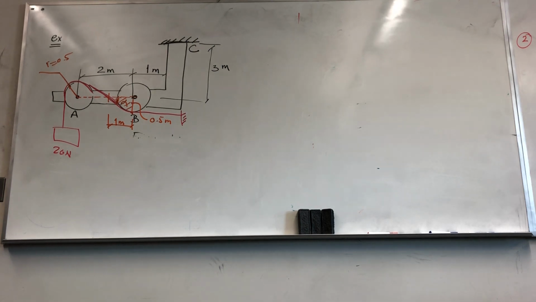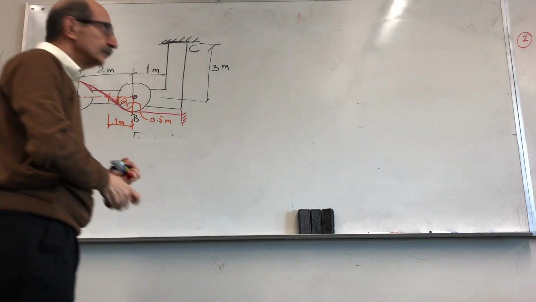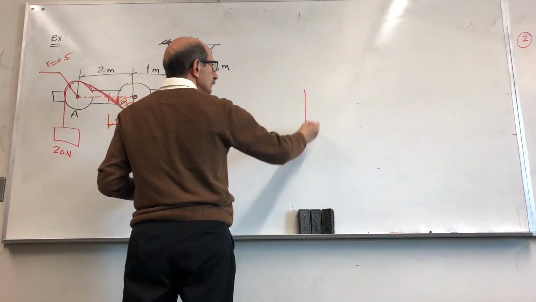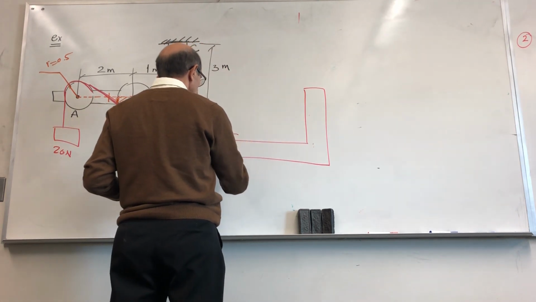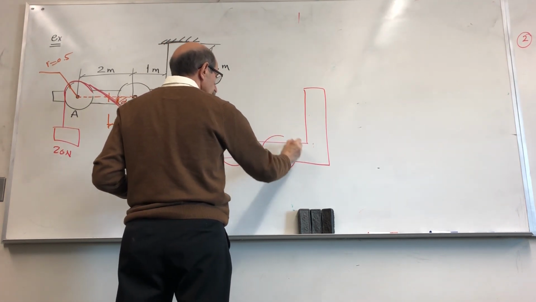Now, I'm not going to take the pulleys out. Leave them in there. So what is my structure now? The structure would be this, and these two pulleys, right?